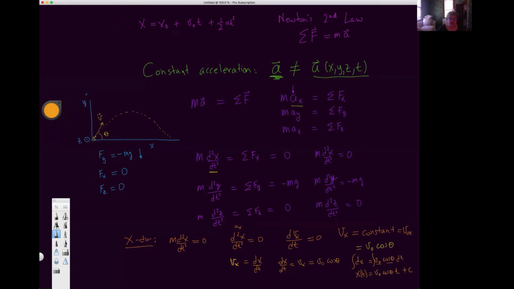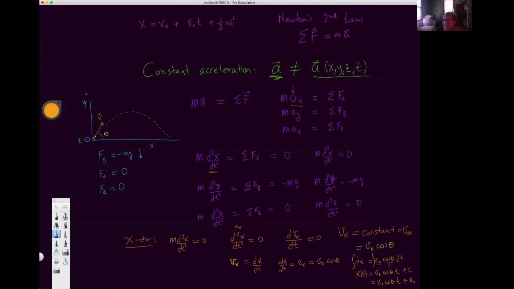Here I drew it as if x naught is 0, but that doesn't need to be the case. So I better be more clear and now write this down as v0 cosine theta t plus x naught. That's a little better. Okay. Very often we were shooting projectiles in 115 from y equals 0, x equals 0, right?